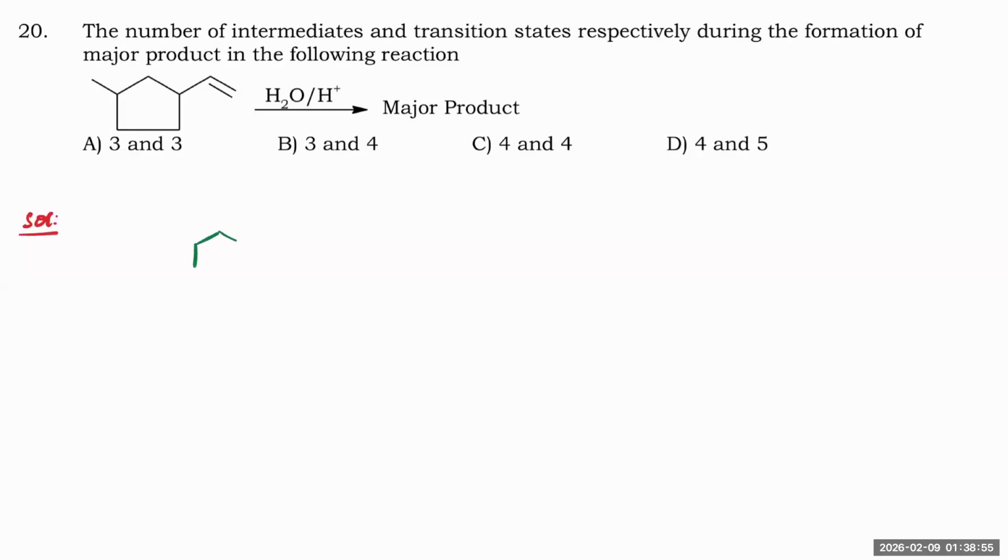So first, we have a double bond here. So H will get added, positive charge will come. The bond will break, it will undergo ring expansion, the 5-membered ring will become a 6-membered ring like this, and the positive charge is here. Okay, and then after that the methyl group is here. Again, you will see the positive charge will get migrated onto this position because that is the more stable position.